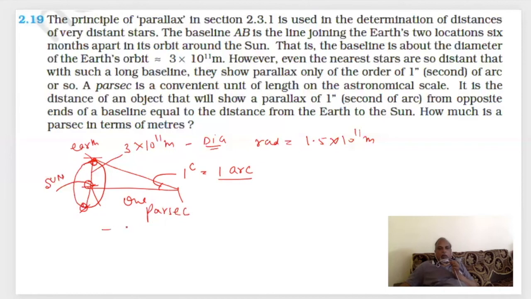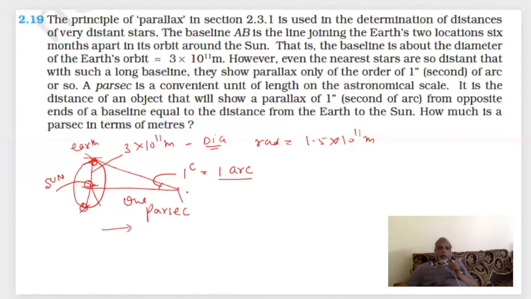So with this question also, you can define what 1 parsec is equal to. So what is this distance basically?